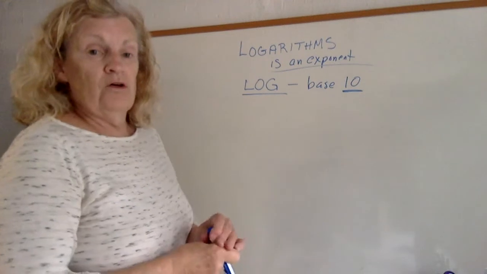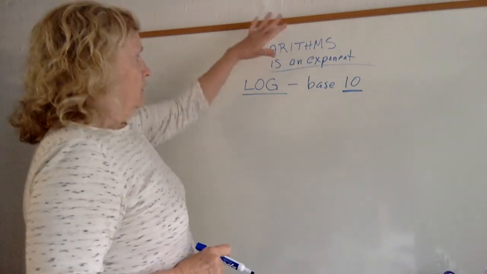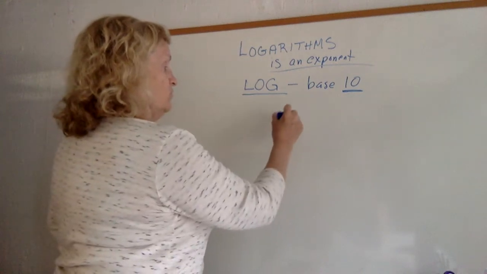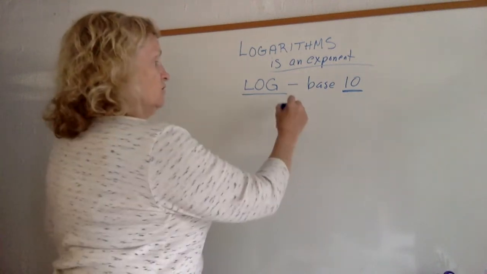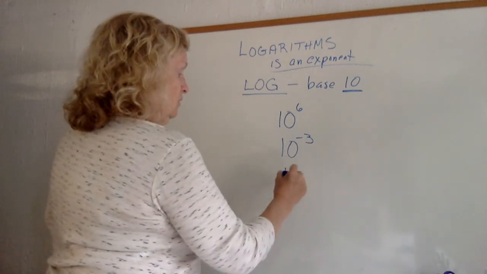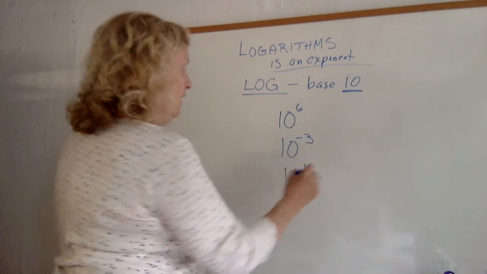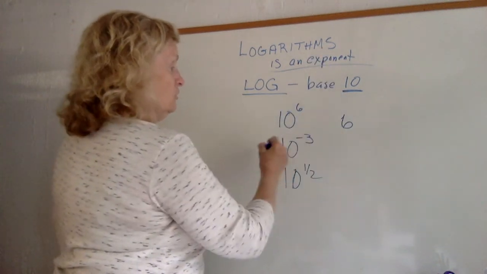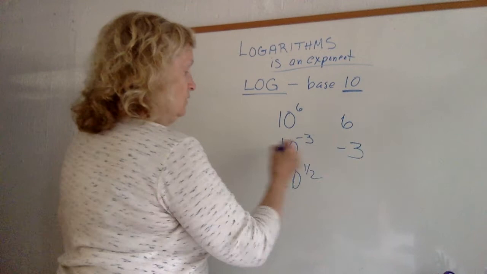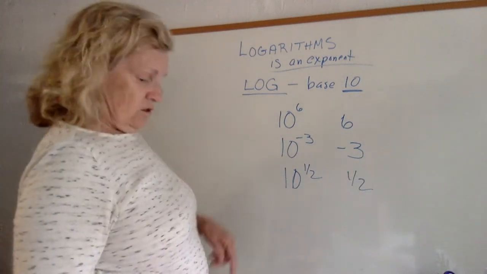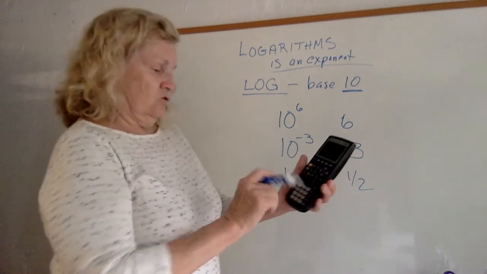So if we wrote a number in log scale, what we want to do is always have our base in 10. So 10 to the 6th, 10 to the -3, 10 to the 1/2. Here the logarithm is 6, the logarithm is -3, and here the logarithm is 1/2.